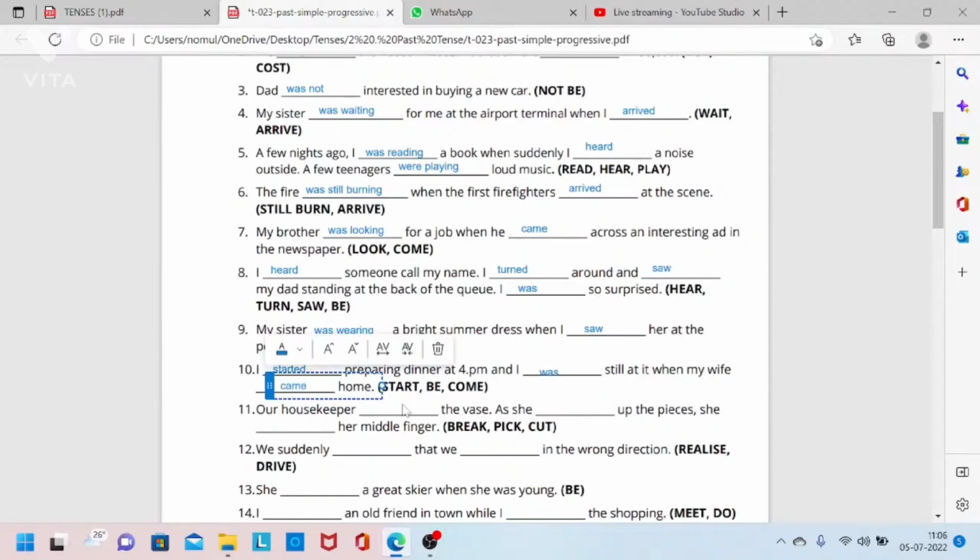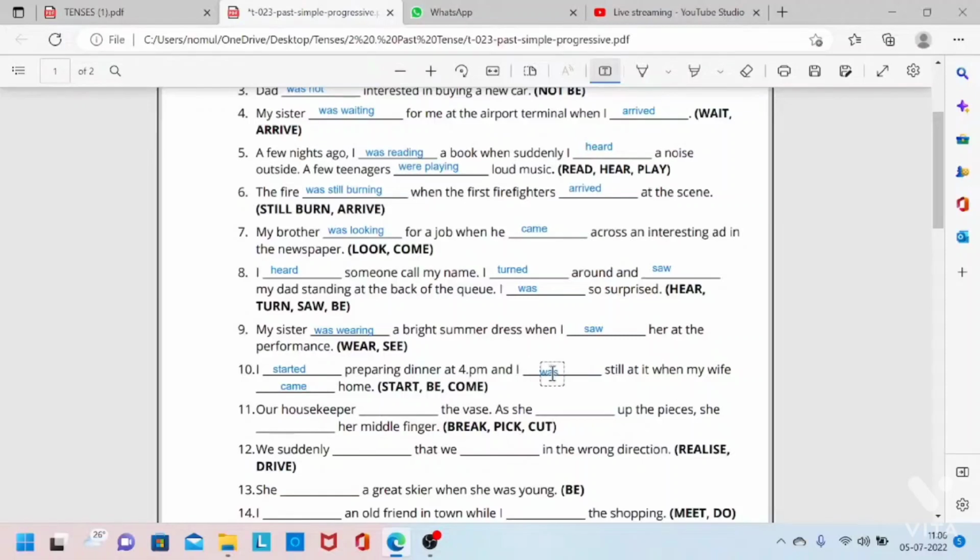Okay. I started preparing dinner at 4 p.m. and I was still at it when my wife came home. So this is the sentence. So here was written down. Let me correct it properly.